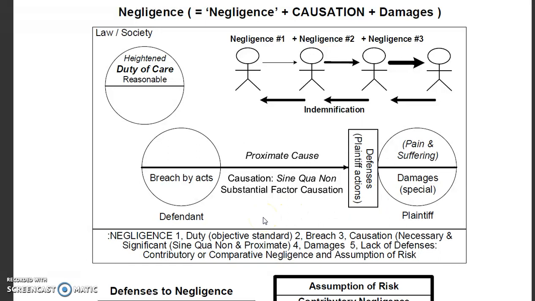So the first difficulty that we have here is that we can question what Victor's duty of care was in an office situation and in a heated conversation situation.